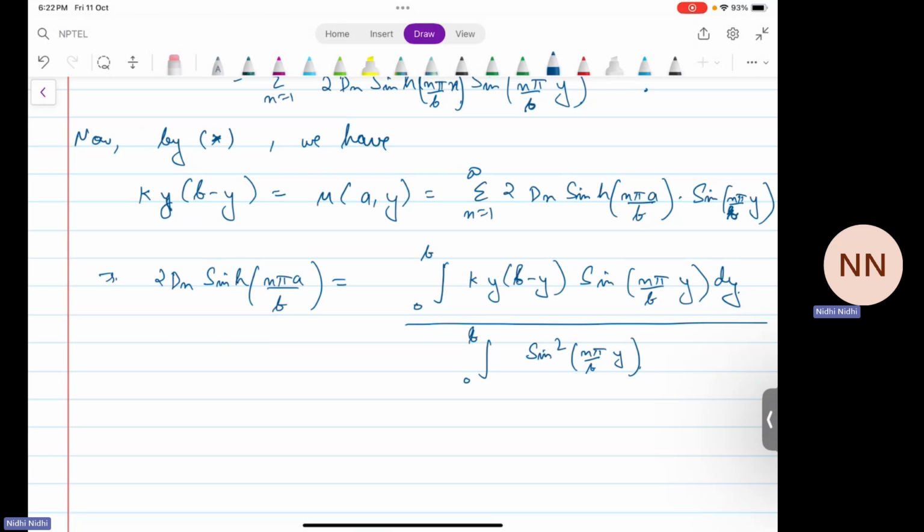So you can easily evaluate the denominator. It will turn out to be equal to b by 2.